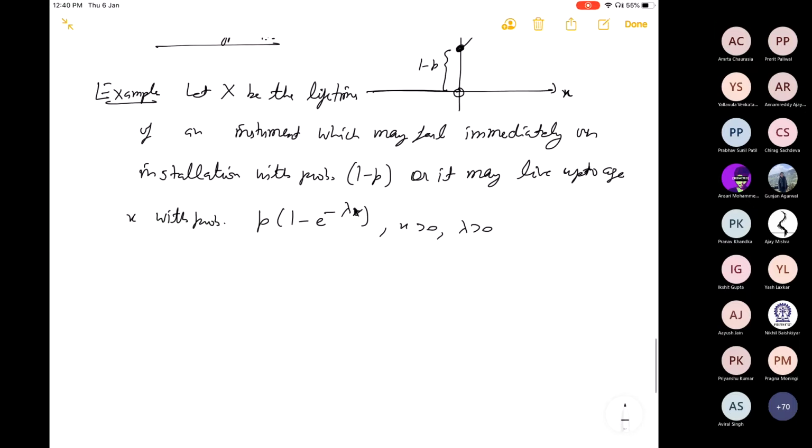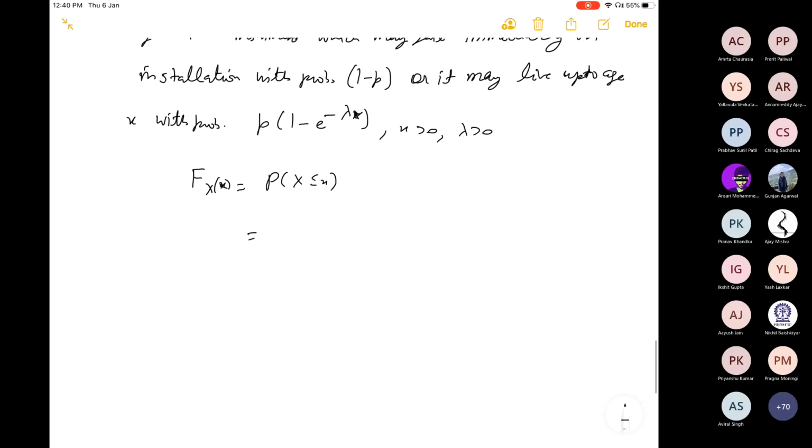Then F(x), which is the probability that X is less than or equal to x, is 0 when x is less than 0. When x is greater than or equal to 0, this is 1 minus p plus p times 1 minus e raised to power minus lambda x.